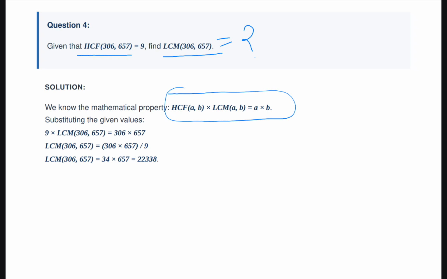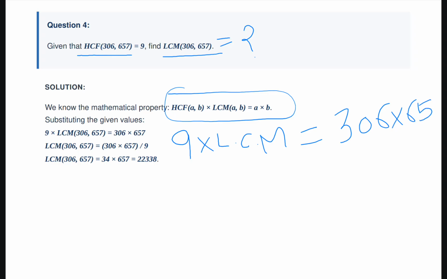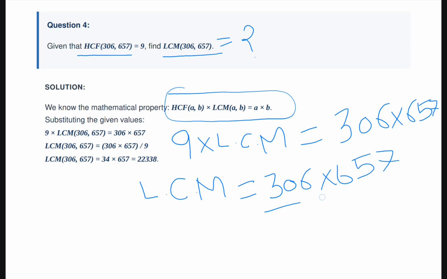See here, your SCF is 9 and you need to find the LCM. The two numbers are 306 and 657. For getting the LCM, you will divide one of the numbers by 9.